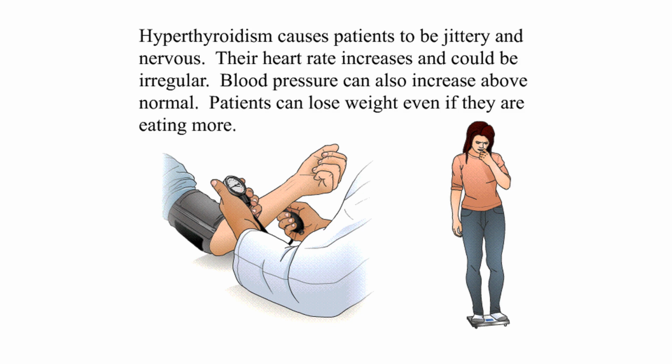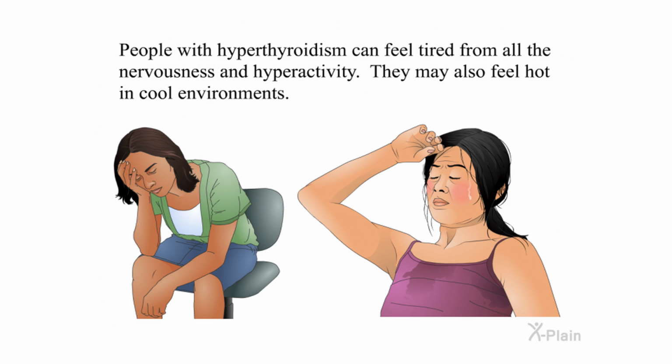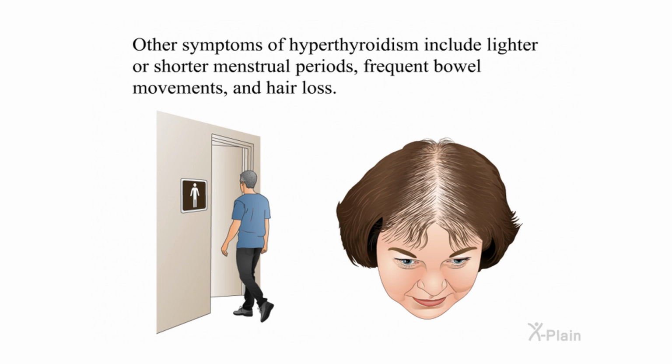Patients can lose weight even if they are eating more. People with hyperthyroidism can feel tired from all the nervousness and hyperactivity. They may also feel hot in cool environments. Other symptoms of hyperthyroidism include lighter or shorter menstrual periods, frequent bowel movements, and hair loss.